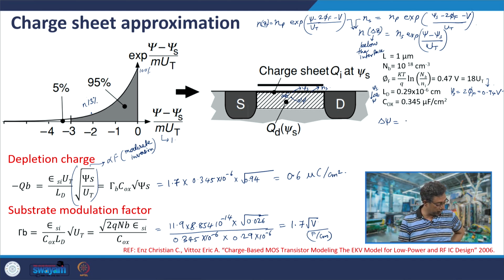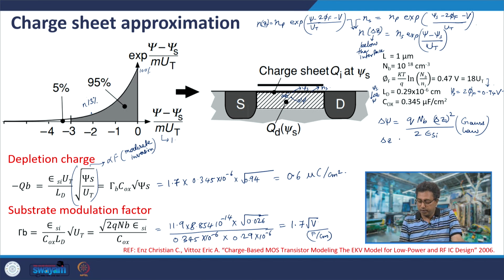So, that would be q n b delta z square divided by 2 epsilon silicon. This is from the Gauss law, which we had discussed in the beginning of the course. So, from this you can say the change in the distance delta z below the interface.